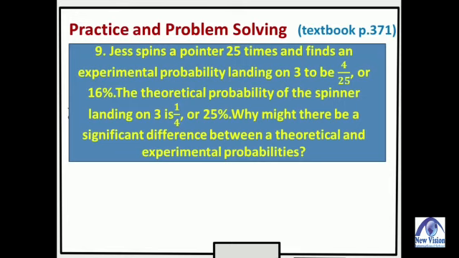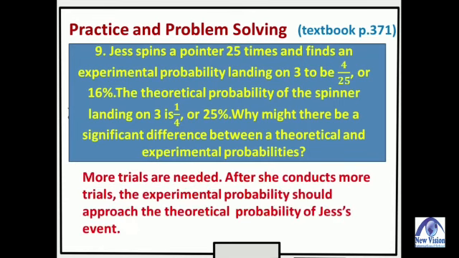Why might there be a significant difference between the theoretical and experimental probabilities? More trials are needed. After she conducts more trials, the experimental probability should approach the theoretical probability of the event.